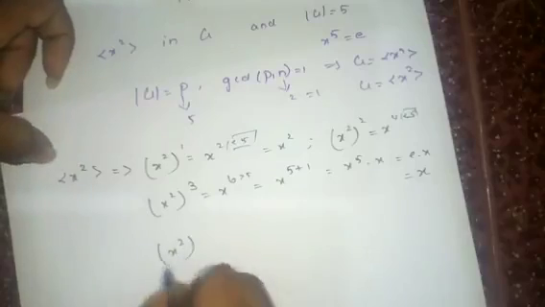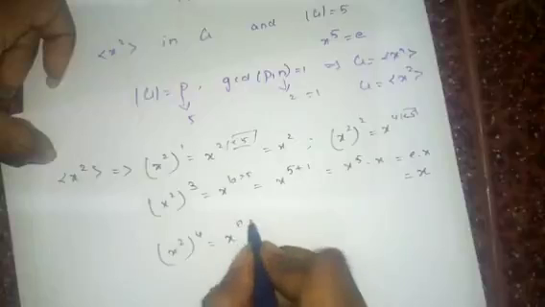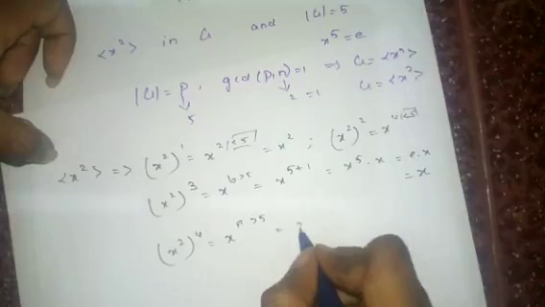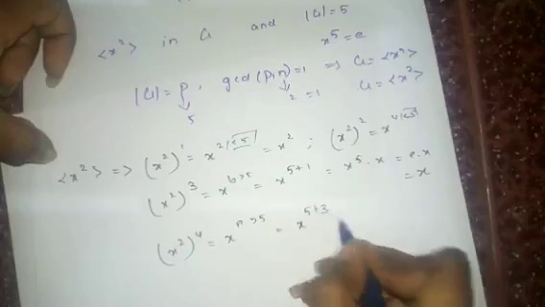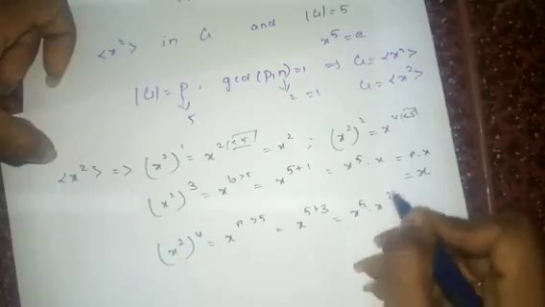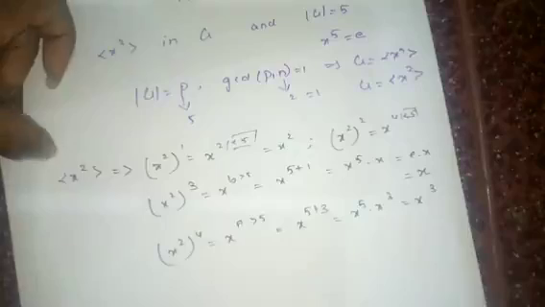X power 2 the whole power 4 is x power 8. This is again greater than 5, so I can write this as 5 plus 3, which is equal to x power 5 into x power 3. X power 5 is once again e, and I get x power 3.